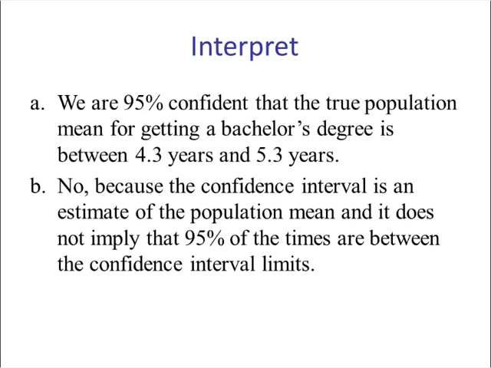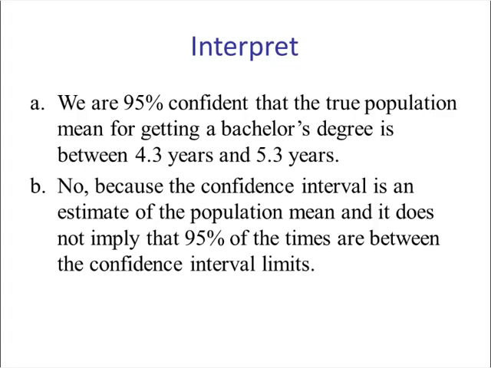So A, we are 95% confident that the true population mean for getting a bachelor's degree is between 4.3 years and 5.3. Part B, no, the confidence interval is an estimate of the population mean, and it does not imply that 95% of the times are between the confidence interval limits.